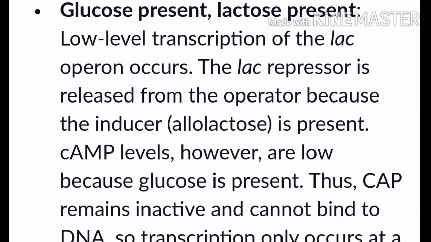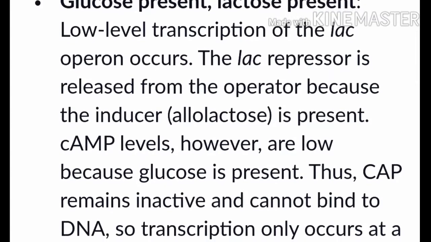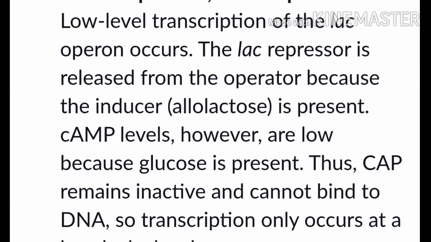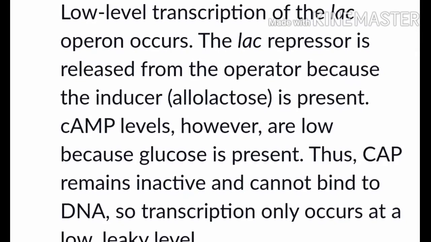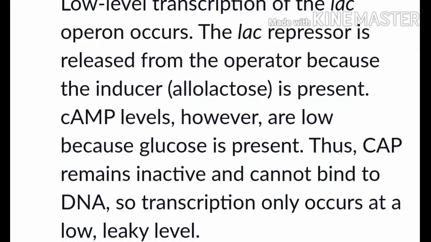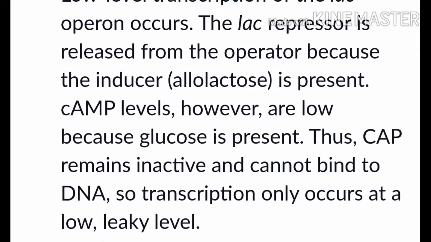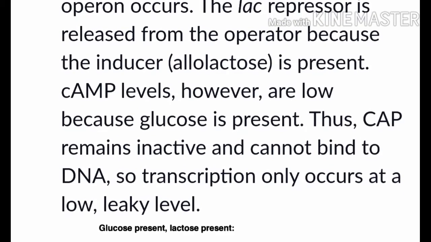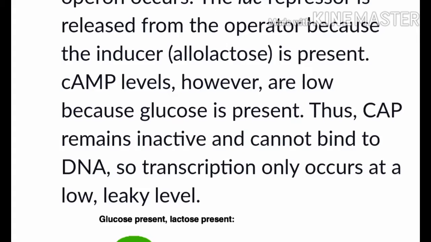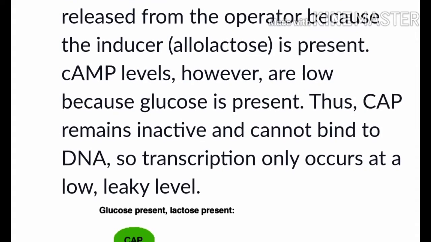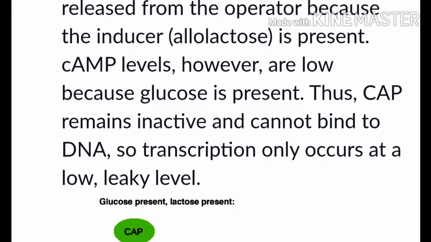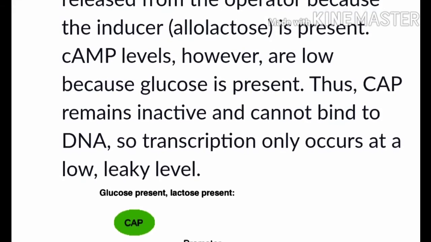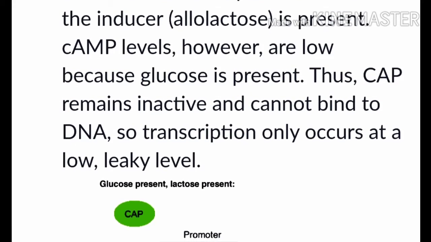Next, when glucose and lactose are both present, low levels of transcription of the Lac Operon occur. The Lac repressor is released from the operator because the inducer, allolactose, is present.